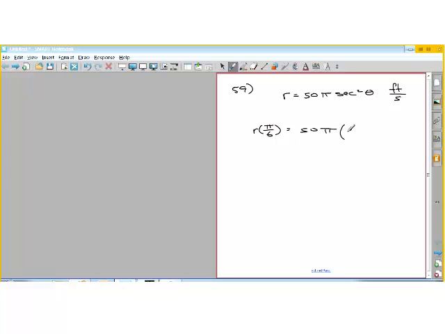So anyway, we have the secant squared of pi over 6. And if you remember, which you probably don't, the secant of theta is the same as 1 over the cosine of theta. So when cosine of theta goes to 0, then you have a vertical asymptote.